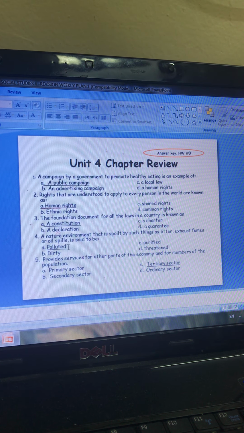Then, a nature of environment that is spoiled by such things as litter, exhaust fumes, or oil spills is said to be polluted, and provides services for other parts of the economy and for members of the population is the tertiary sector.